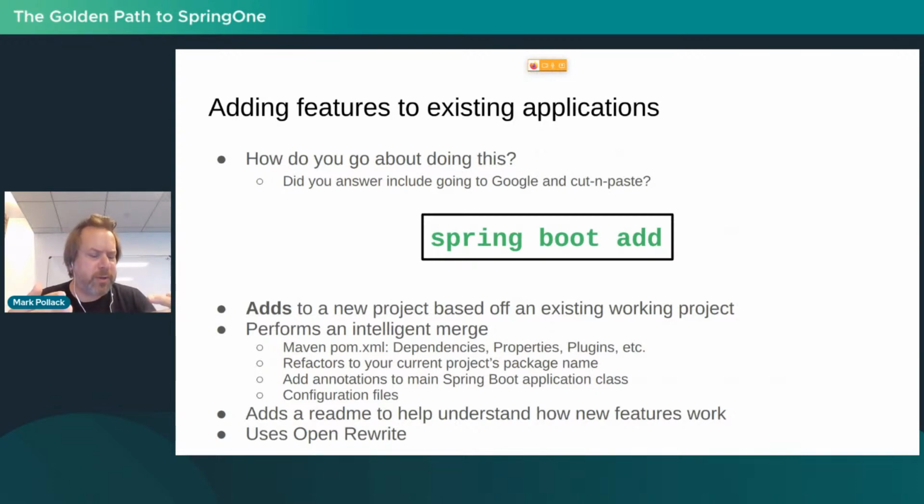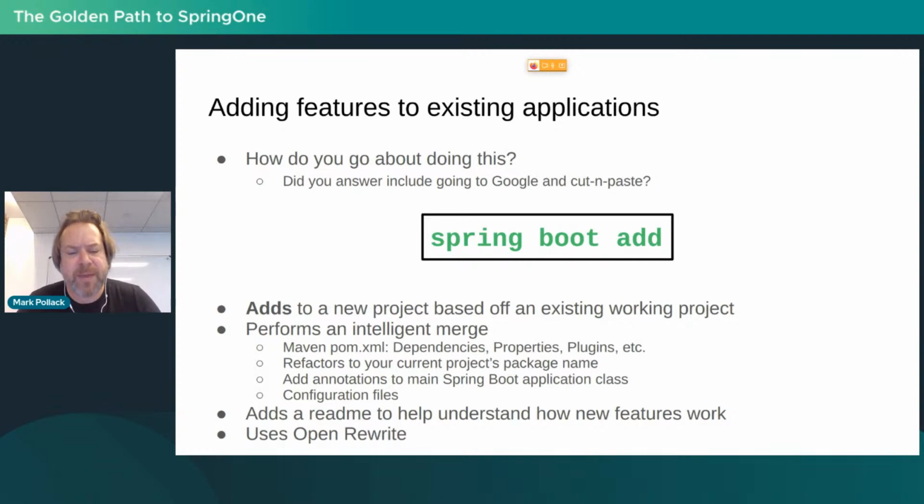So we merge the one that has the new code into your current project. It refactors, of course, to use the project name of your current project. And it's a long tail of what needs to be merged.